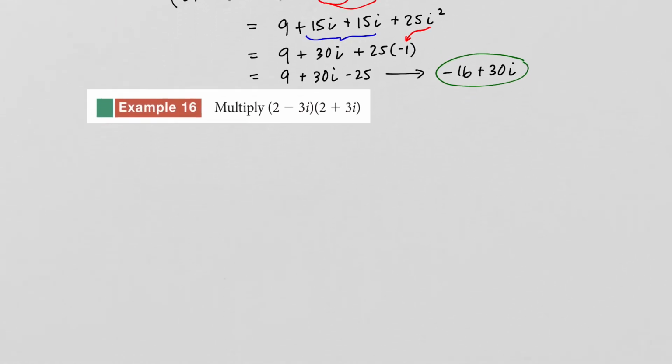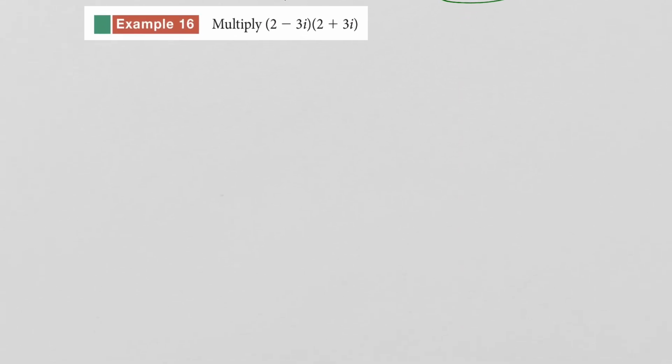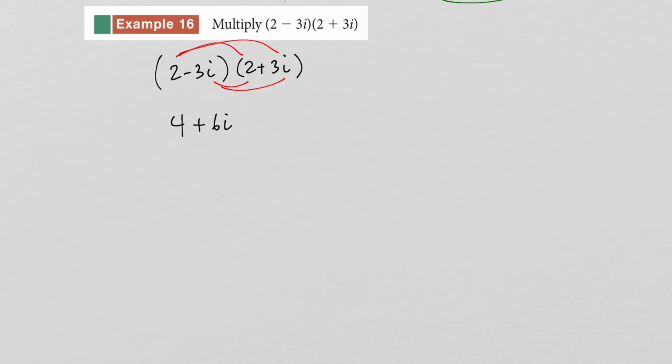And the next example is a little bit special. Here we are multiplying the complex number 2 minus 3i by the complex number 2 plus 3i. Now you can use the FOIL procedure just the same way, but when you do this, 2 times 2 is 4, 2 times 3i is positive 6i, negative 3i times 2 is negative 6i, and negative 3i times positive 3i is negative 9i squared.